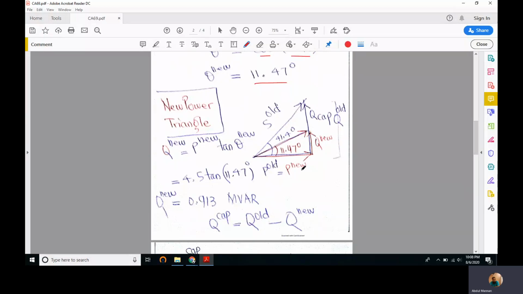We know perpendicular over base is tangent of theta. So using this trigonometric identity, we compute the new Q, which comes out to be 0.913 megavar. Now this is the reactive power that remains after the capacitor was introduced.